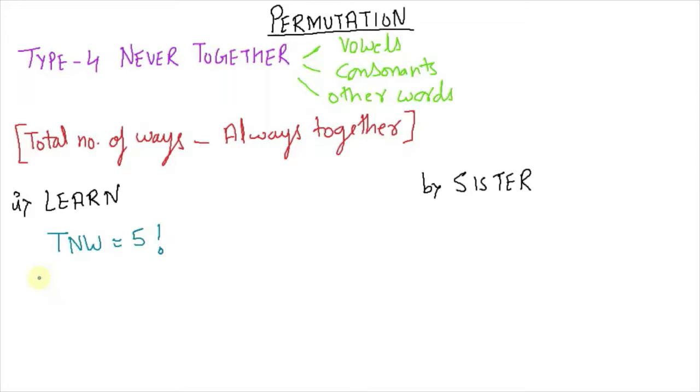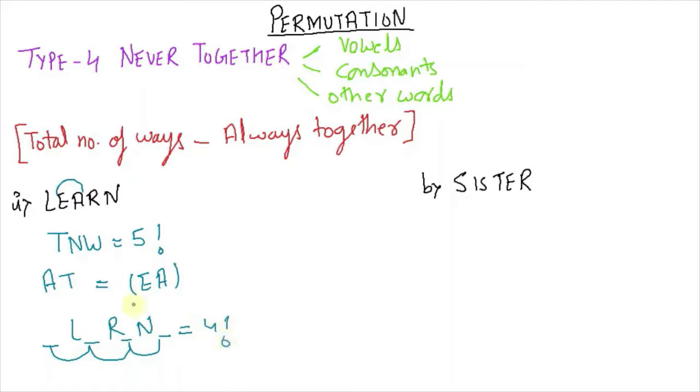In case of always together, we will write the vowels separately, E and A. Then write the remaining letters, that is L, R and N. The number of spaces to fill them is 1, 2, 3 and 4, which means 4 factorial ways, and E and A can be arranged in 2 factorial ways.